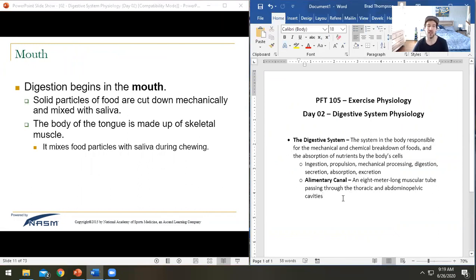So let's go ahead and look at the process of digestion, right? I'm going to put each of these definitions here. Digestion is the process by which the body breaks down nutrients into their individual components, right?